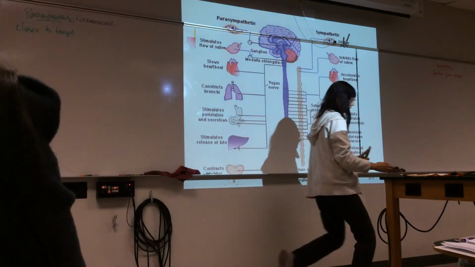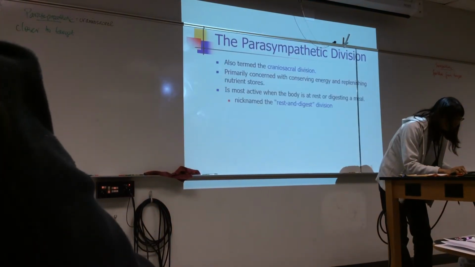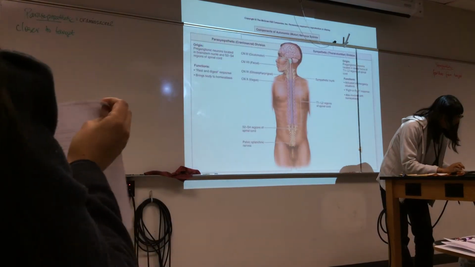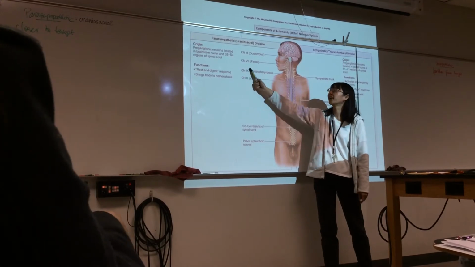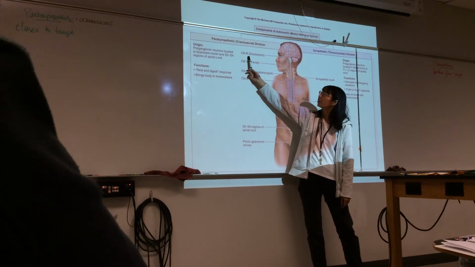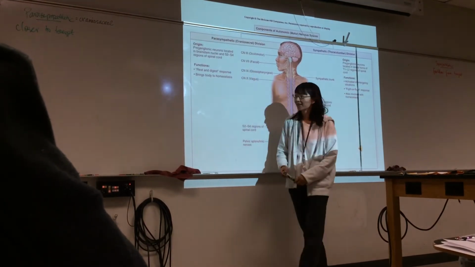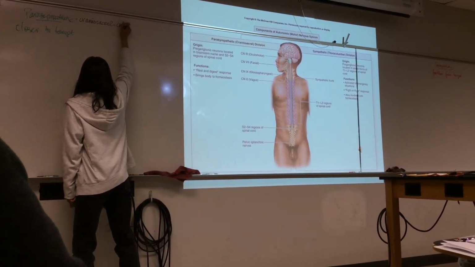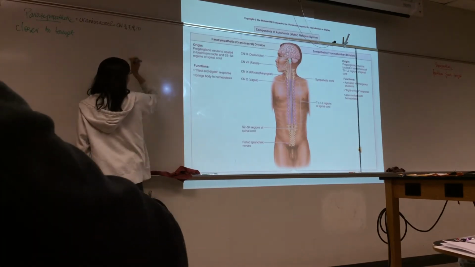Let's now go to the picture here. See, cranial sacral. What nerve are we talking about? 3, 7, 9, and 10. So craniosacral means CN 3, 7, 9, and 10.